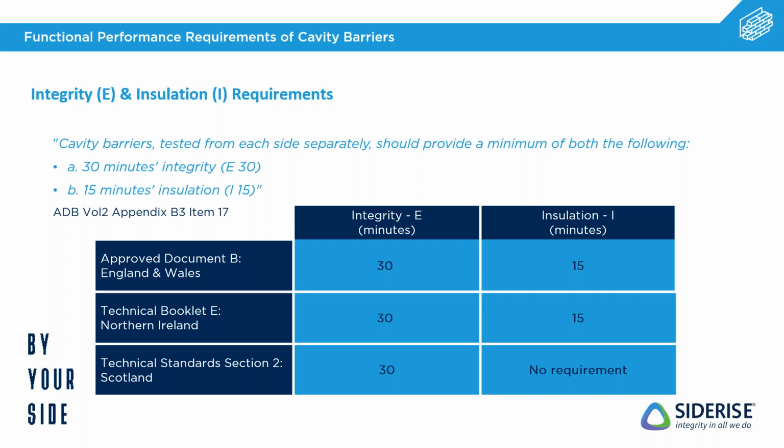So for England, Wales and Northern Ireland, you have a requirement of 30 minutes integrity and 15 minutes insulation. Slightly different, however, with Scotland, where you actually have 30 minutes integrity, but no requirement there for the insulation. And that's largely based off the idea that there shouldn't be any combustible materials within the cavity that can start combusting from spontaneous combustion.